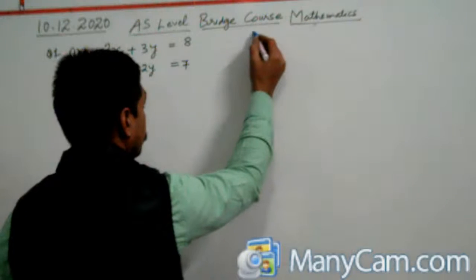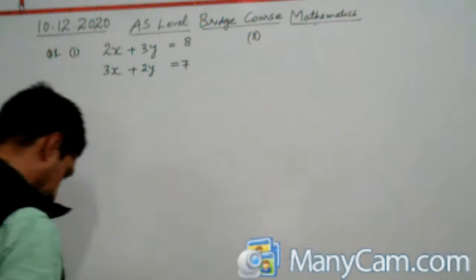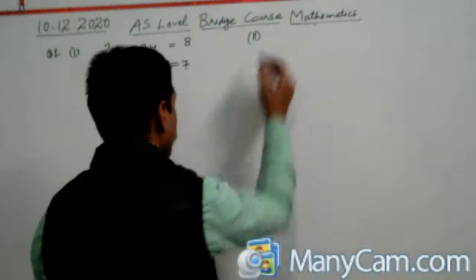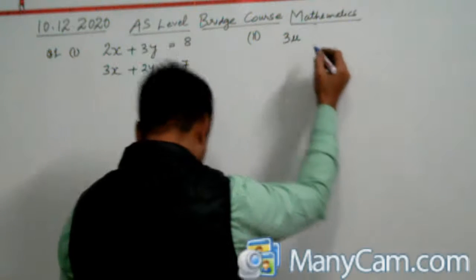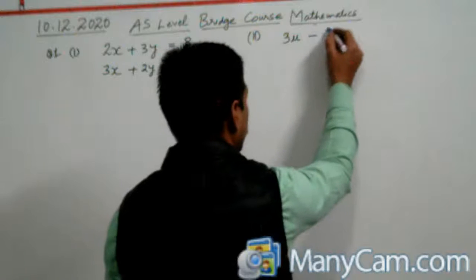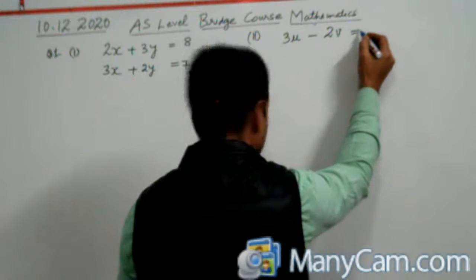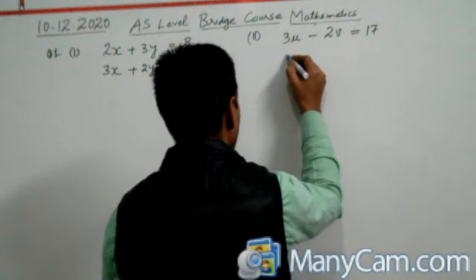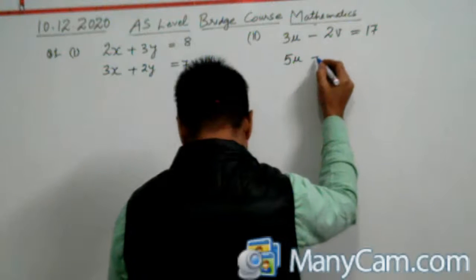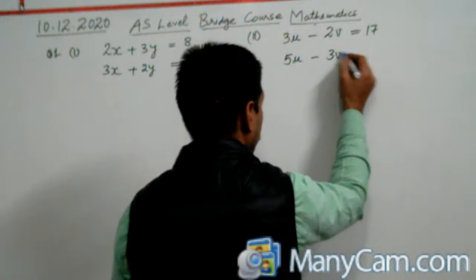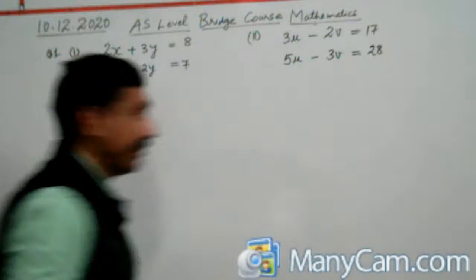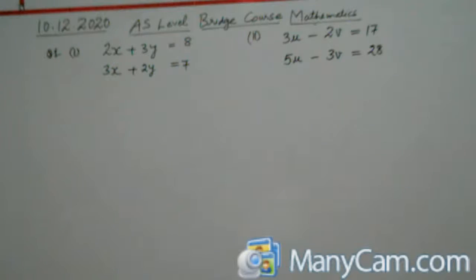Second, here I am taking different variables: 3u minus 2v is equal to 17 and 5u minus 3v is equal to 28. Two different variables are changed, and next we will do 4l minus 3m is equal to.